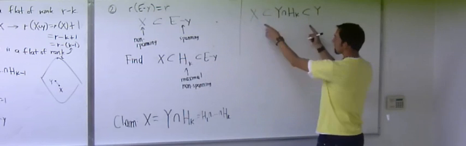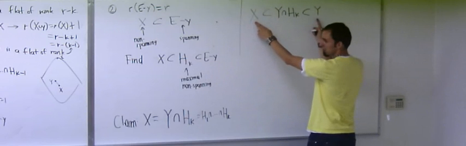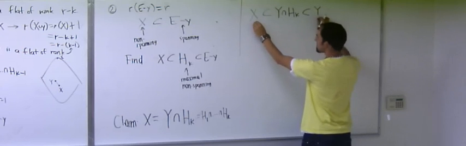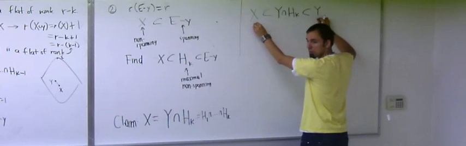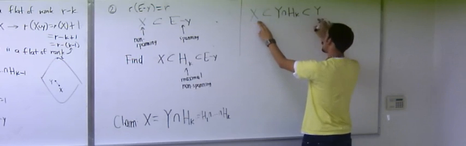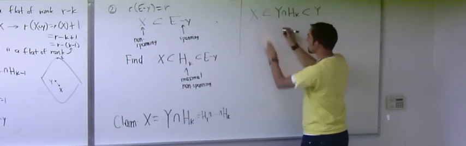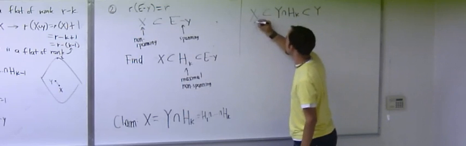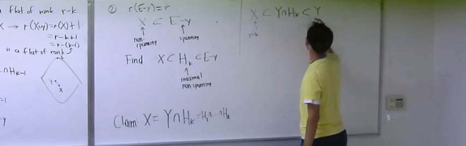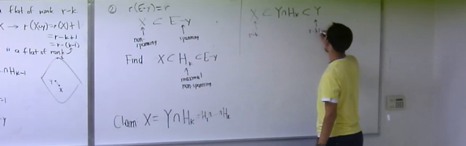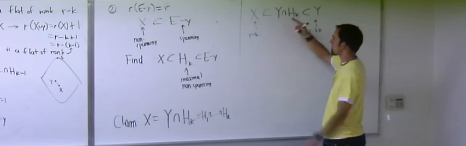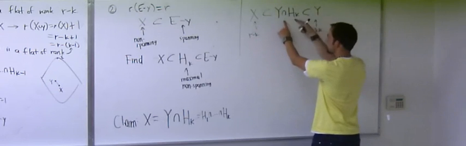So what I have here is these two guys, the difference in rank here is 1. So this is a cover relation. So this guy has to be equal to this one or to this one. Because this guy has rank r minus k, and this guy has rank r minus k plus 1. So this is a cover relation, and this guy has to be equal to this one or to this one.